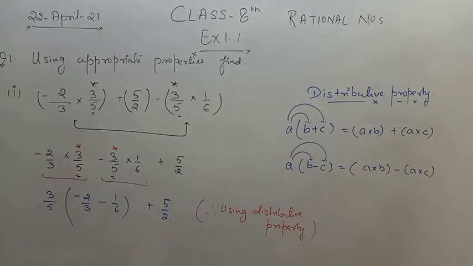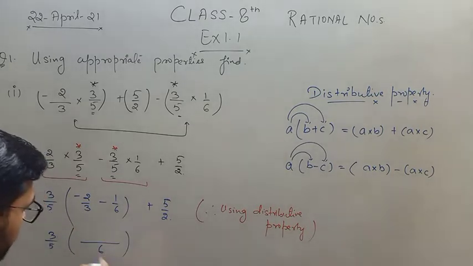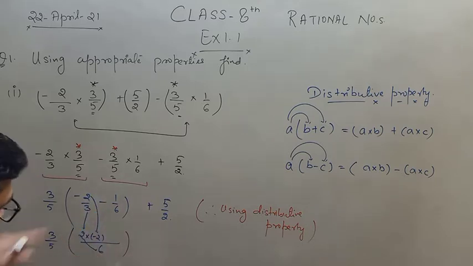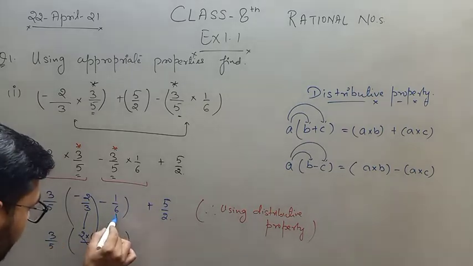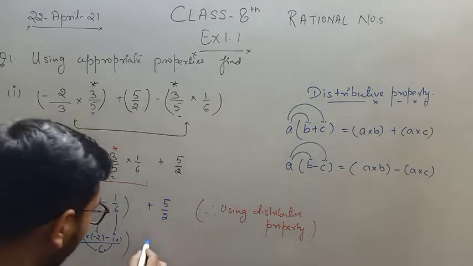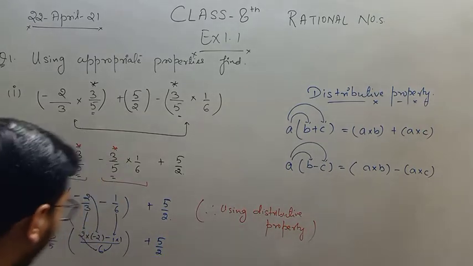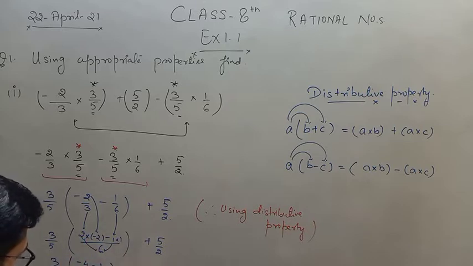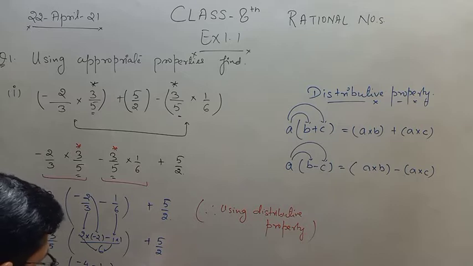Now 3 upon 5, what is the LCM of 3 and 6? So the LCM of 3 and 6 is 6. 3 2s are 6 into minus 2 in the numerator, minus 6 1s are 6 into 1 in the numerator, plus 5 by 2 as it is. 3 upon 5, 2 2s are 4, so minus 4 minus 1 divided by 6 plus 5 by 2.